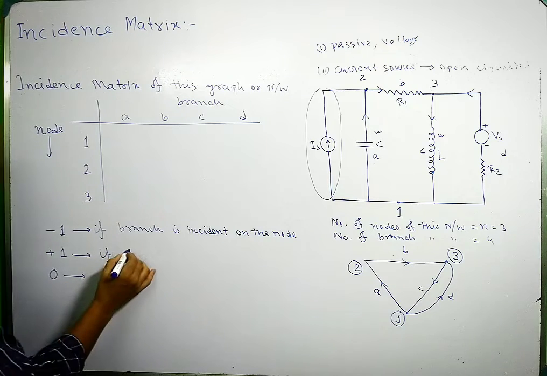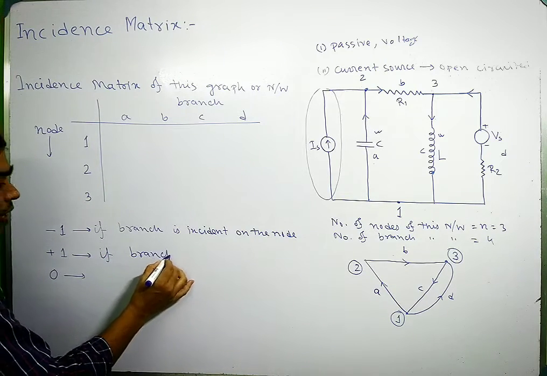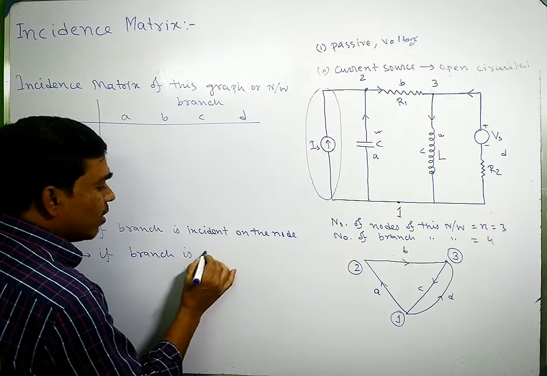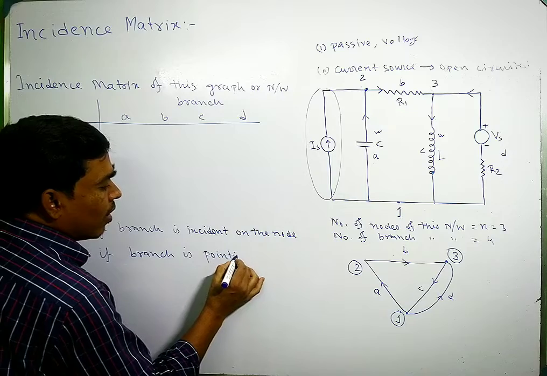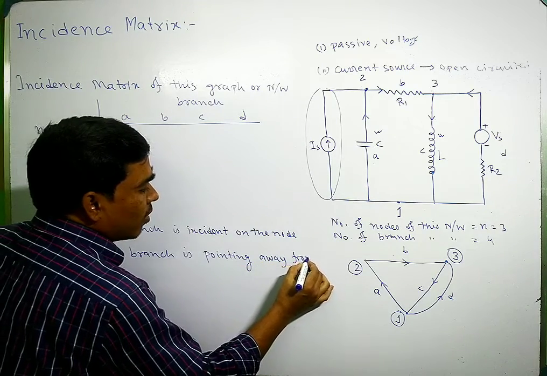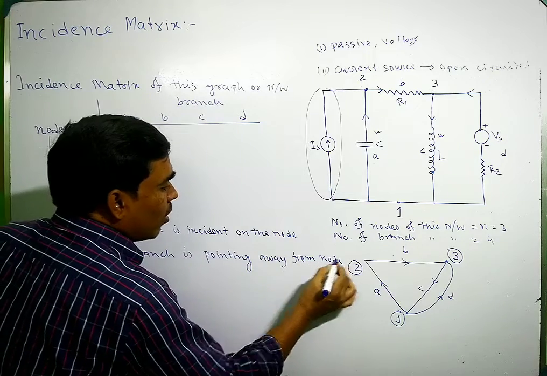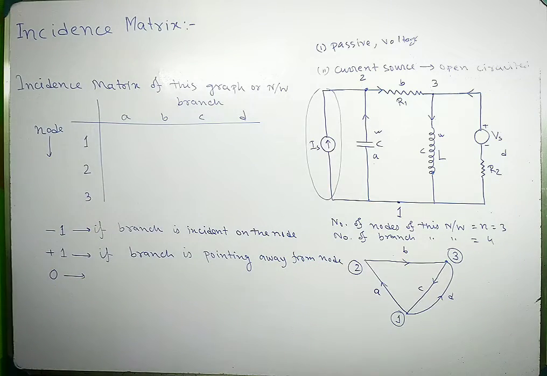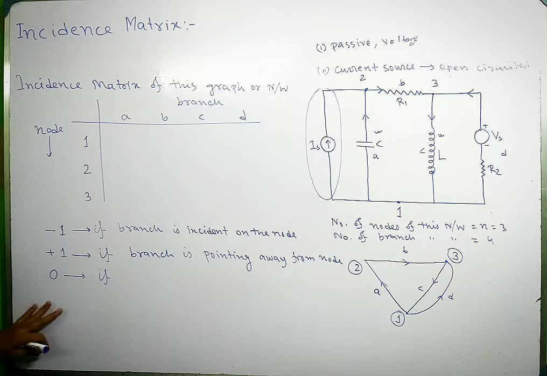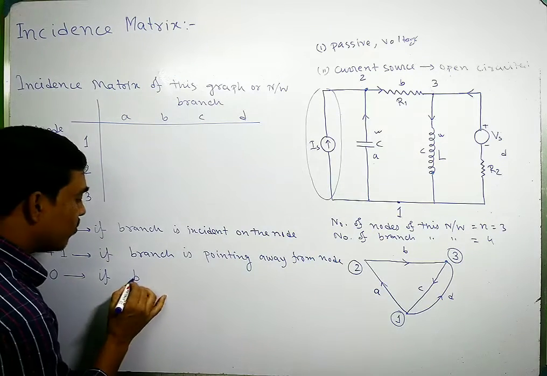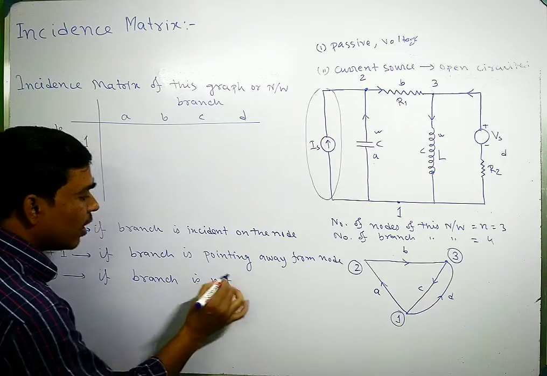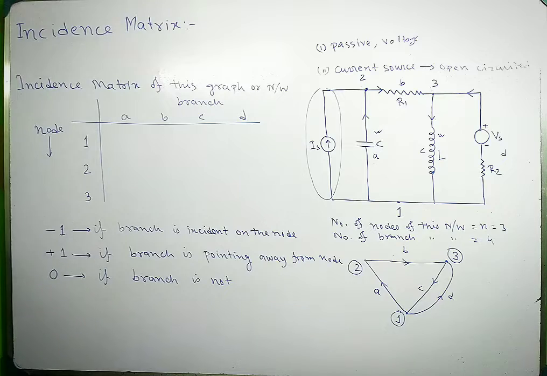Now if the branch is pointing away from the node, then it will be +1, and 0 if the branch is not connected to the node.